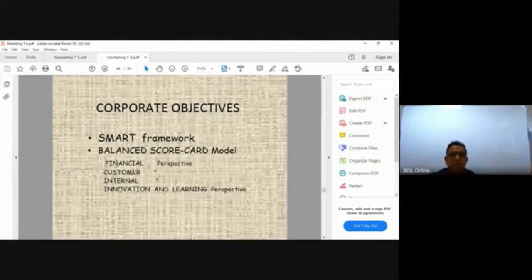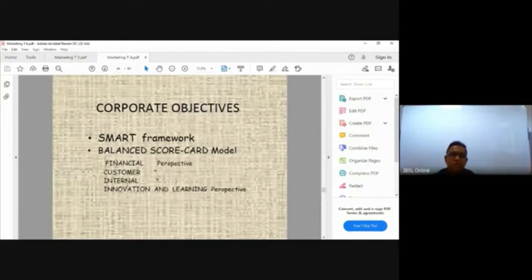There should be a financial perspective. So there will be financial objectives, and there should be customer objectives that are in the customer perspective: customer value, customer service, customer satisfaction. It's another set of objectives.